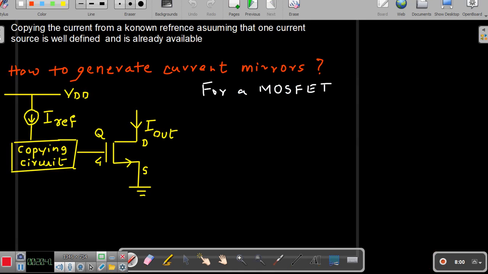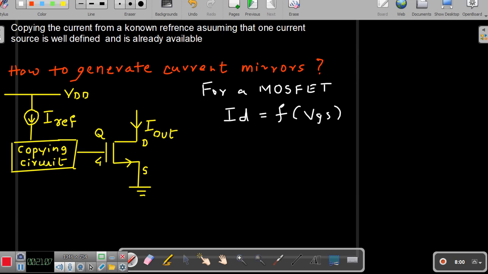So we can write it here: ID, the drain current, is definitely a function of VGS, f of VGS. So it is basically the relationship between ID and VGS.